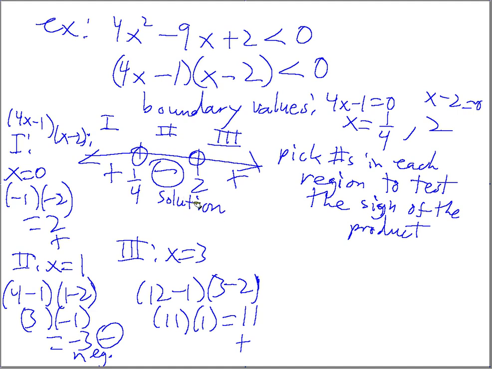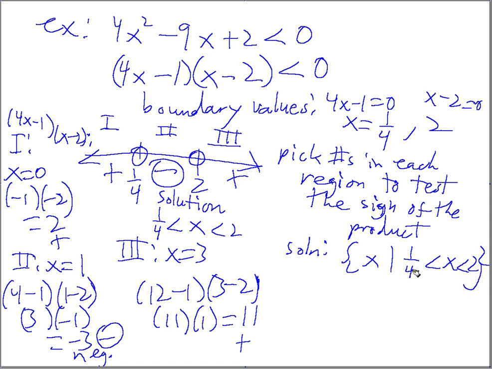So basically, the solution is going to be all real numbers between 1/4 and 2, not including them. In other words, 1/4 less than x less than 2 is the solution. If I'm writing the solution in set builder notation, it'll be all real numbers x such that 1/4 is less than x, which is less than 2.